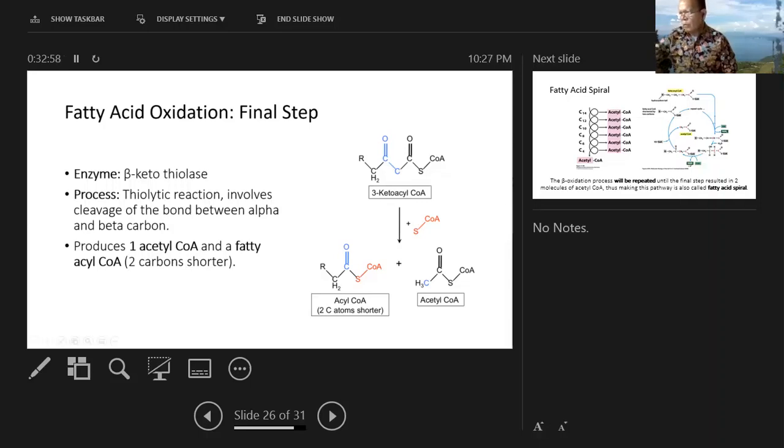Let's see this one: 3-ketoacyl CoA will produce two molecules, one molecule of acetyl CoA and this acyl CoA, which is two carbon atoms shorter than the 3-ketoacyl CoA.